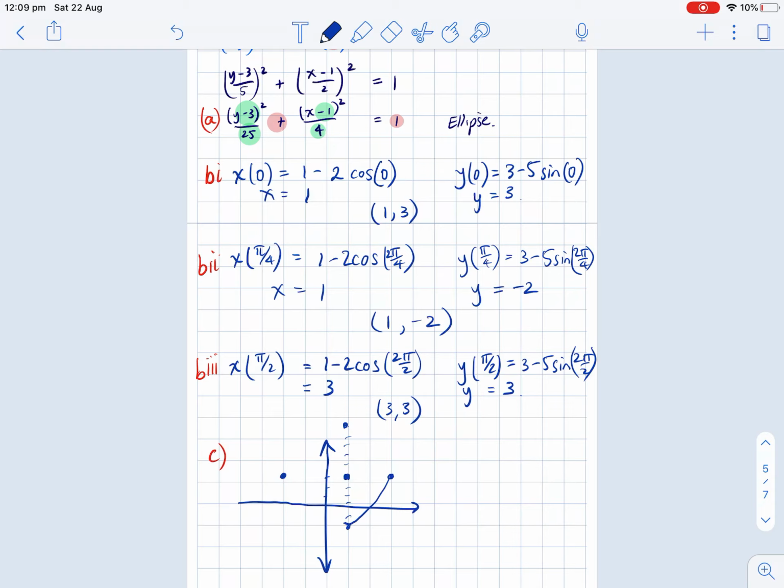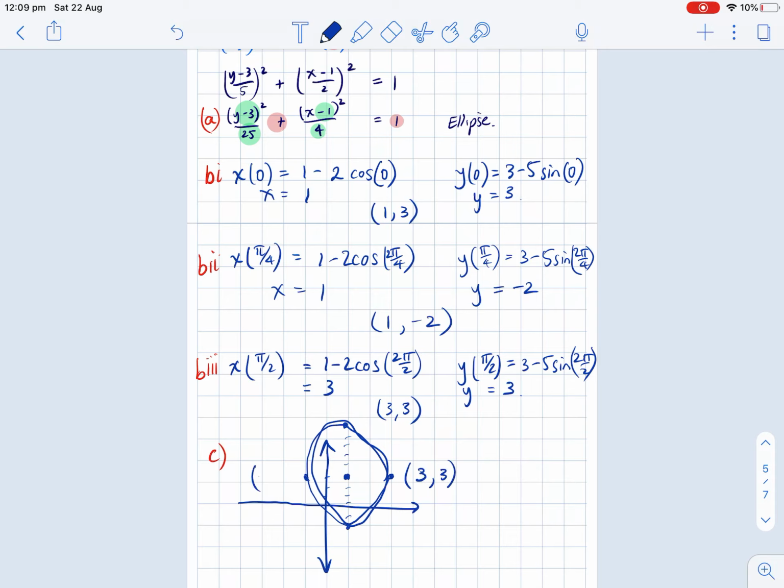So I get an ellipse, and because my scale on my x and y axes, not happy with that either. That x value should be back 2, which is there, and I get my ellipse something like this. Wow, that's a terrible graph. Where this is the maximum x value at 3 and y value at 3.